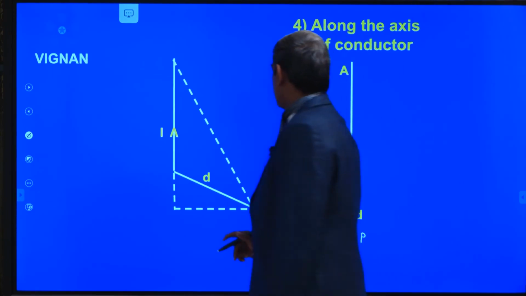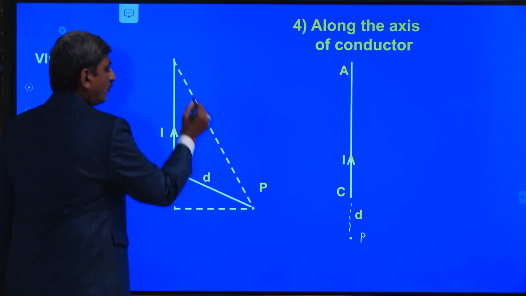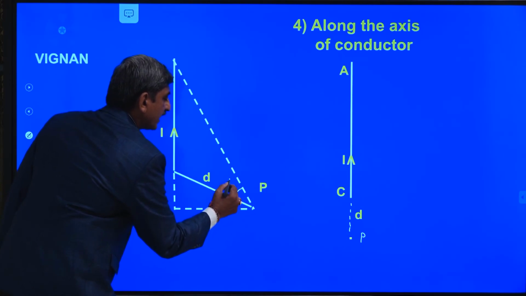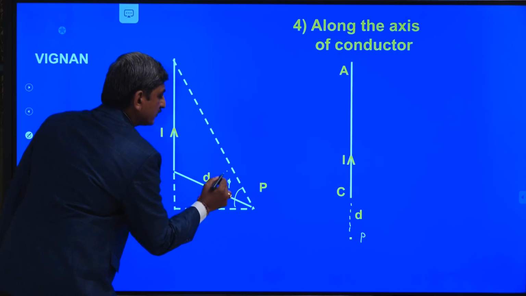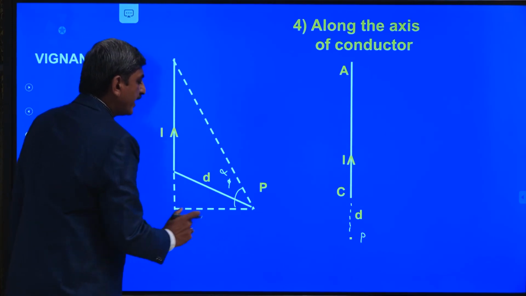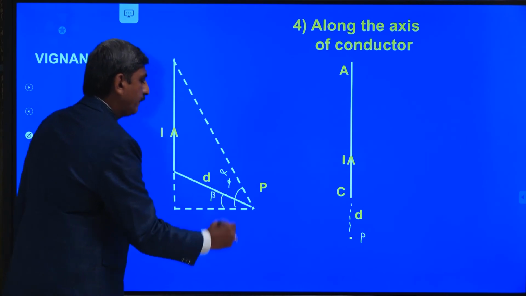With this perpendicular line, the angle the topmost point is making is taken as alpha, whereas the angle the bottommost point is making is taken as beta.